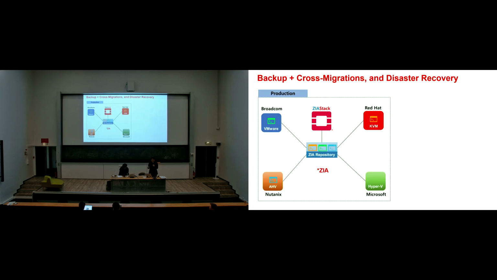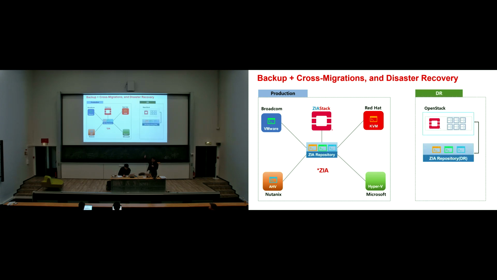And additionally, using a single backup technology, you will get 3 capabilities: backup, cross migration across different hypervisors, and disaster recovery. Just put in the OpenStack, just put in the storage, and then just replicate a backup. That's it.